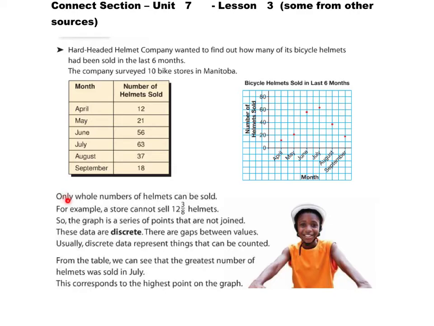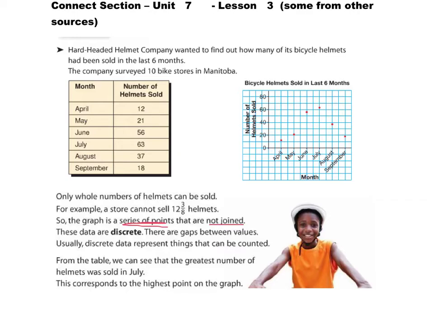When we sell helmets, only whole numbers of helmets can be sold. For example, you can't sell half of a helmet, or a store cannot sell 12 3/8 helmets. So this graph has to be a series of points that are not joined, cannot be joined.